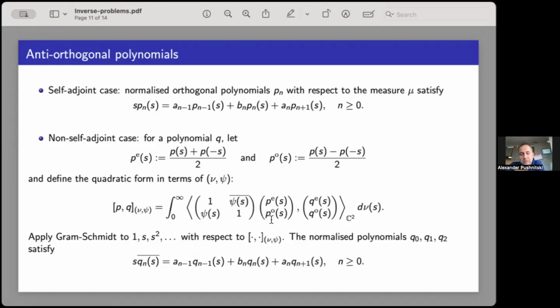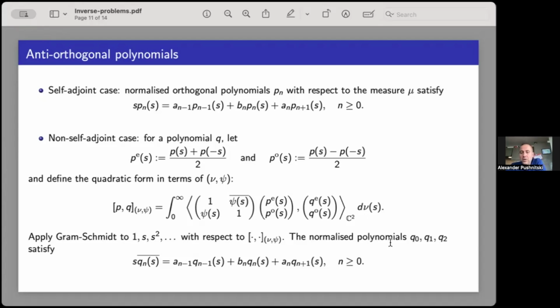I could write it down explicitly as a sum of 4 terms, but this is more visible if I write it like this. And then I integrate this with the measure nu. So this whole inner product type of object depends on nu and on psi. Now, let's view it as an inner product. It takes some effort to prove that it's non-degenerate, but you can do it. Then you take the powers 1, s, s squared, and so on, and apply Gram-Schmidt with respect to this funny inner product.